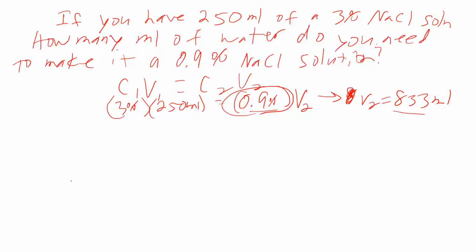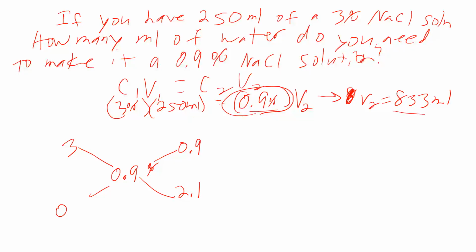So if we do the alligation method, we have 0 is water, 3%, and then the final is 0.9%, which means 0.9 is the difference, 2.1 is the difference.